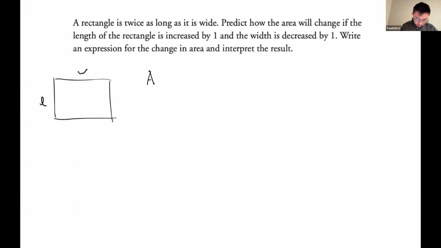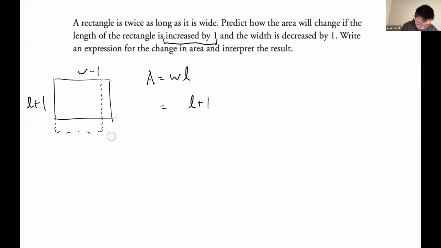The area of this rectangle is equal to the width times its length. But they tell us that these lengths change. So the length is increased by 1. So we have L plus 1. And I'll draw it here too. So L plus 1. And then the width is decreased by 1.